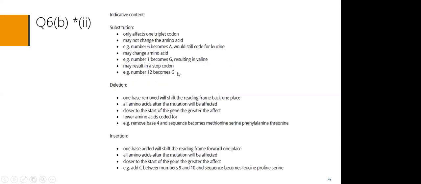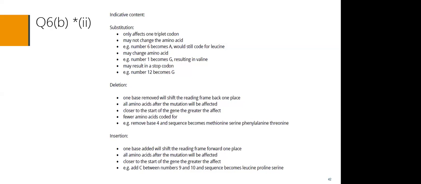So the type of indicative content, you've got your 3 types of mutations: substitution, deletion, and insertion, and the effects of each of those. So, for instance, substitution only affects one triplet codon, may not change the amino acid, with an example taken from the table.